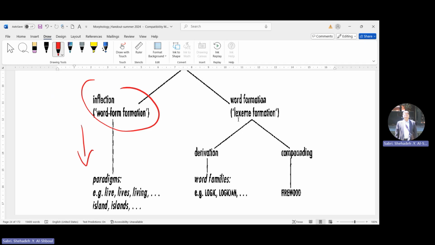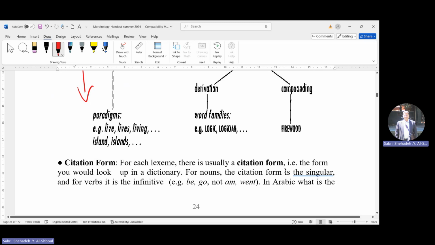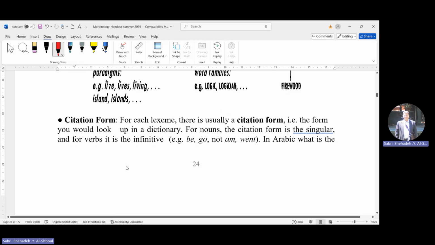So we have drive. Under drive, we have drove, driven, and so on. Under driver, we have drivers. So we have two different things. And another type of word formation style is the so-called compounding. So compounding is a kind of relationship that is maintained via derivation.